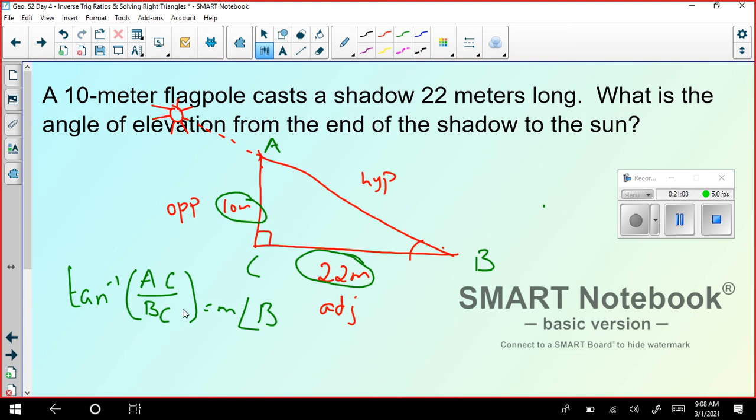Let's substitute things and get this measure of angle B. So I have tan inverse of AC, given to me as 10, over BC, given to me as 22.